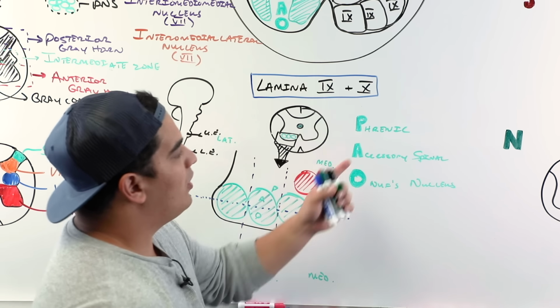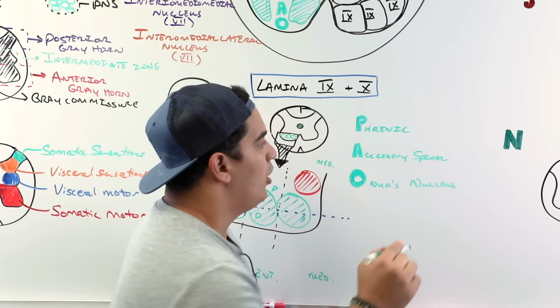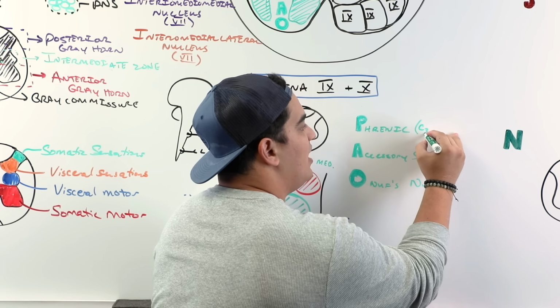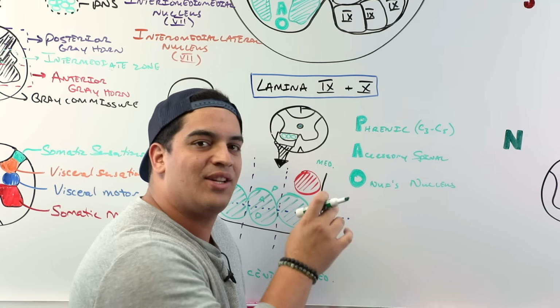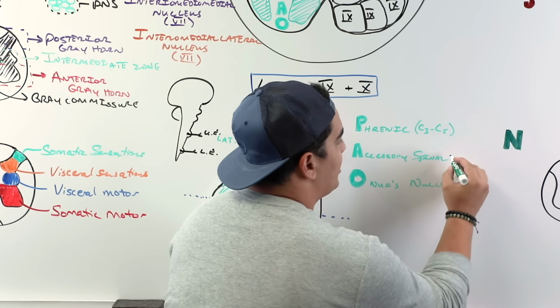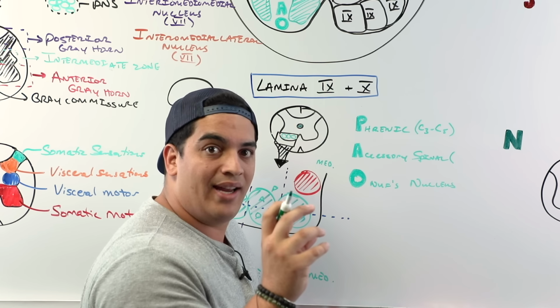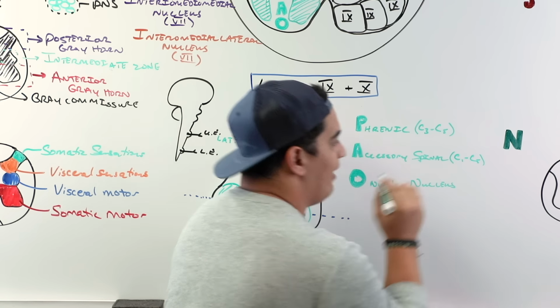Okay, why do I want you to know this? You guys know the phrenic nerve, which supplies the diaphragm. From what areas of the spinal cord are those nerves coming from? C3 to C5. Where do you only find the phrenic nucleus in that central nuclear group? At C3 to C5. Accessory spinal nerve. The accessory spinal component is going to be coming from C1 to about C5.